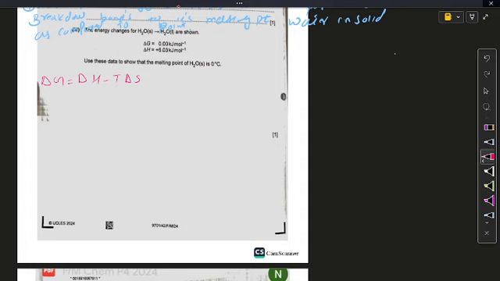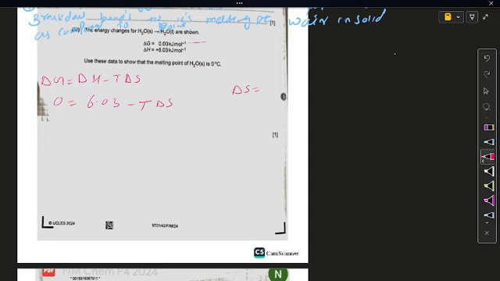Delta G, the Gibbs energy, is given to you, so you can put it down as 0, which is equal to delta H, the positive enthalpy change of 6.03 kilojoules per mole, minus the temperature you need to find, times delta S. So you need to find delta S first.